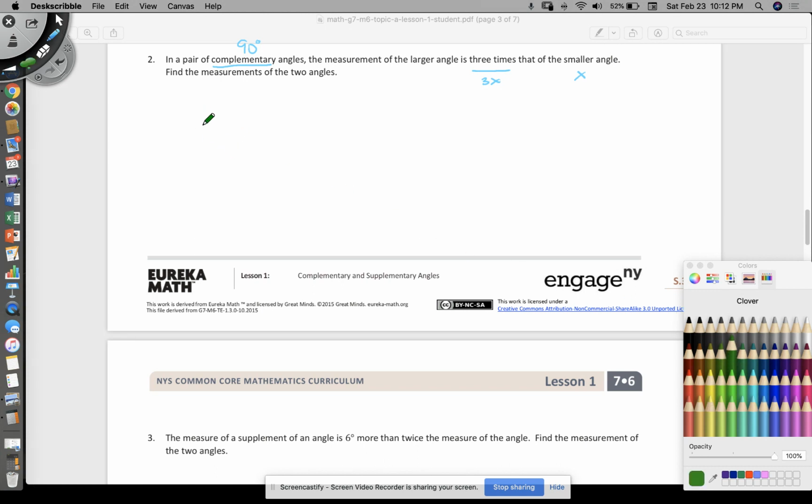So let's write our equation here. We have the smaller angle plus the larger, which is 3 times larger, equals 90 degrees. So x plus 3x gives me 4x, which equals 90. Now we're going to divide by 4. Those 4s cancel, and I get x equals 22.5 degrees.